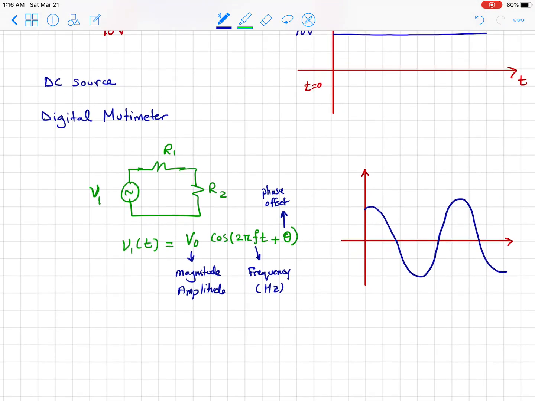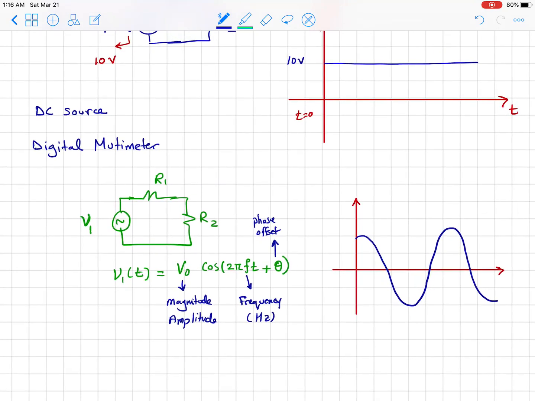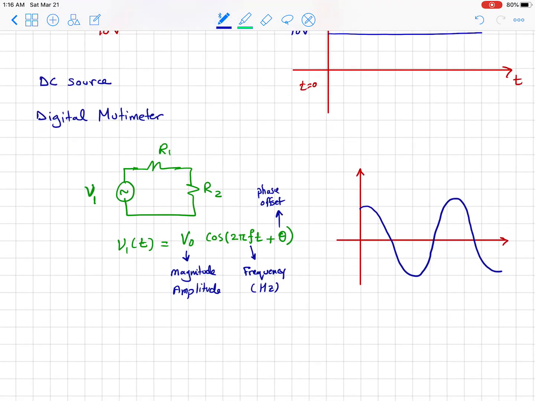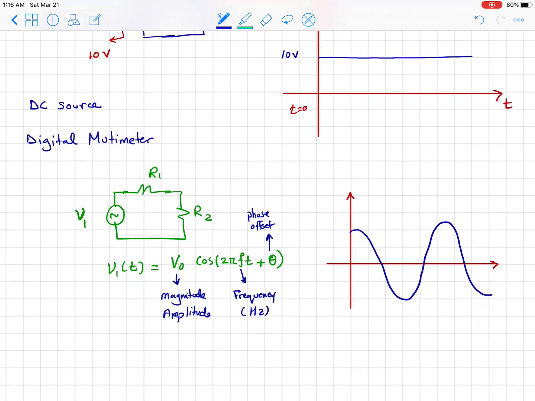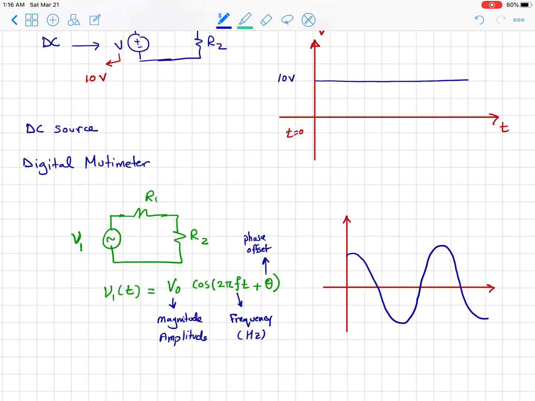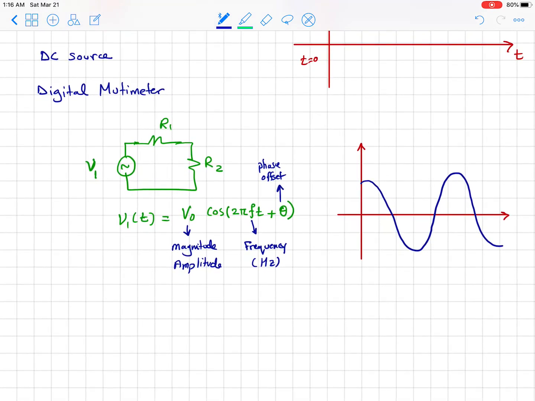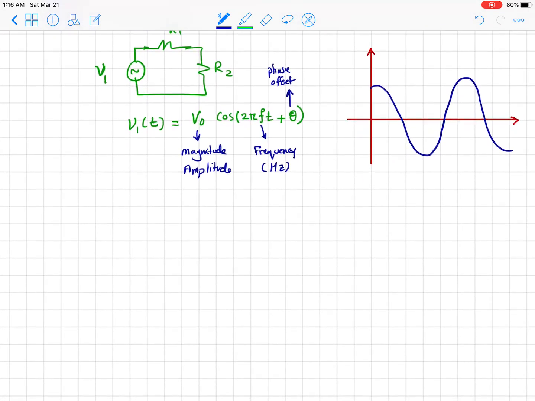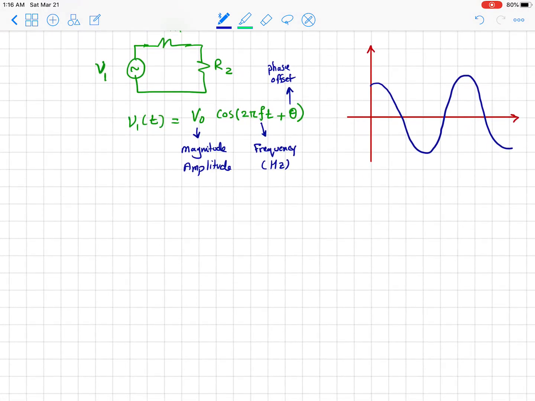It's not a constant. So if you have access to one of those power lines and you want to measure the voltage, you would see that the shape of the voltage will look a lot like this one.